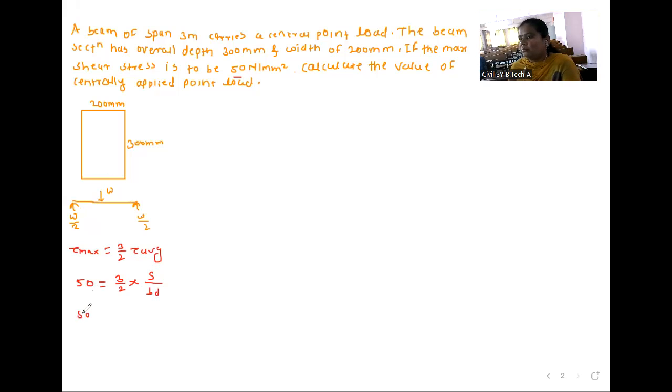So 50 is equal to 3 by 2 into S divided by width 200 into depth 300. So 50 into 2 into 200 into 300 divided by 3 is equal to S.